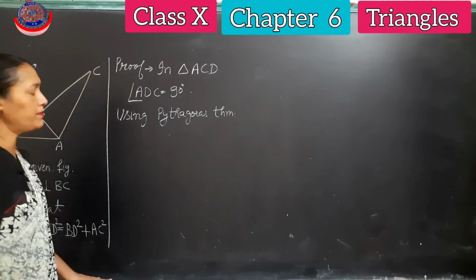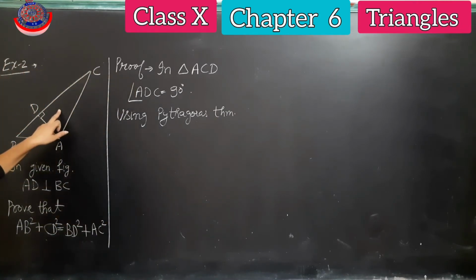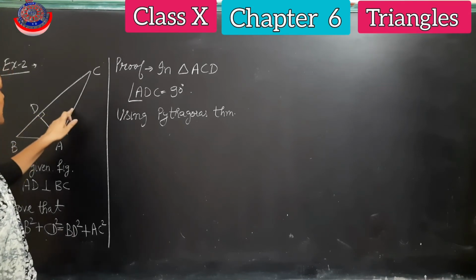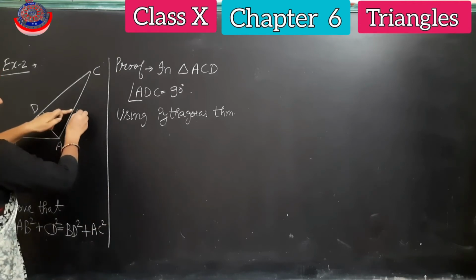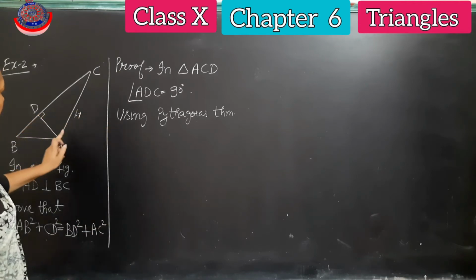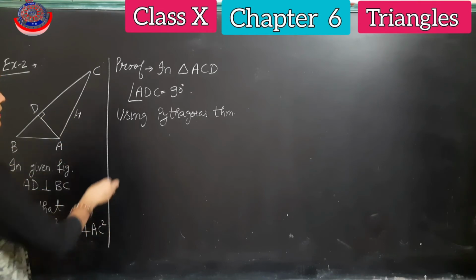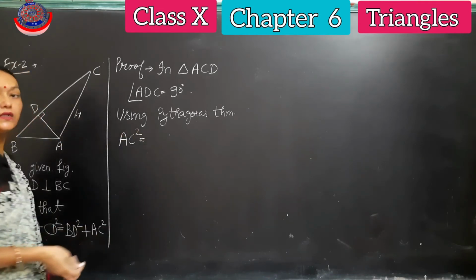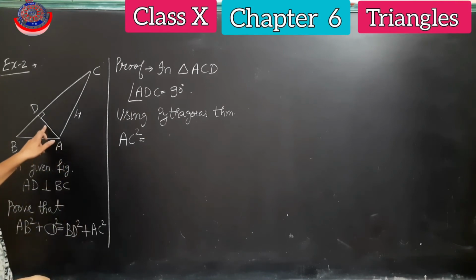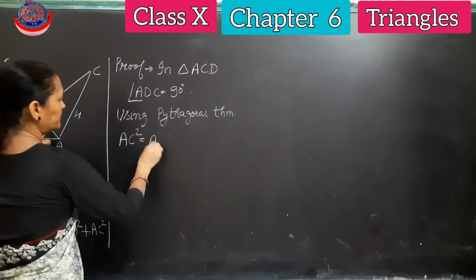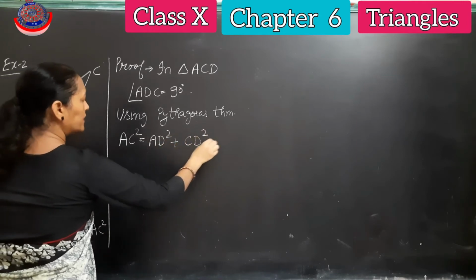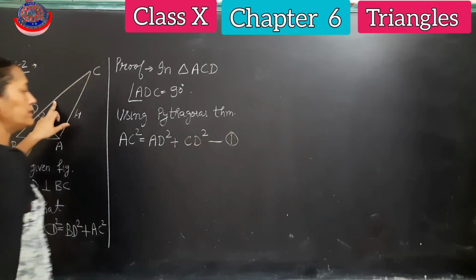Applying Pythagoras theorem in right angle triangle ADC. Here angle of 90 degrees formed means opposite to 90, this is hypotenuse here. That means hypotenuse square AC square is equal to sum of the square of other two sides. So AD square plus CD square. It will be first equation.